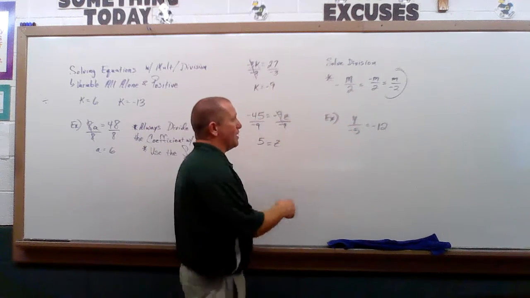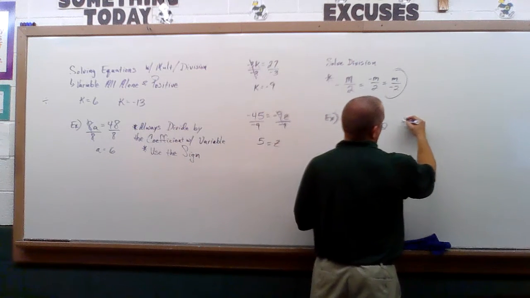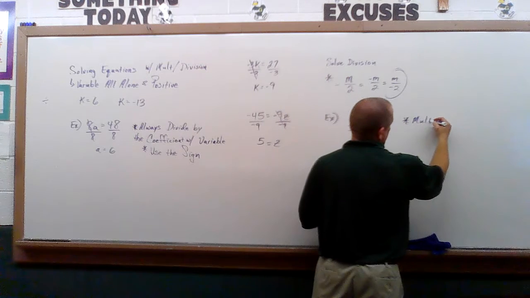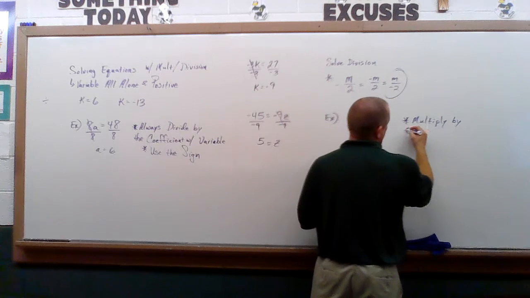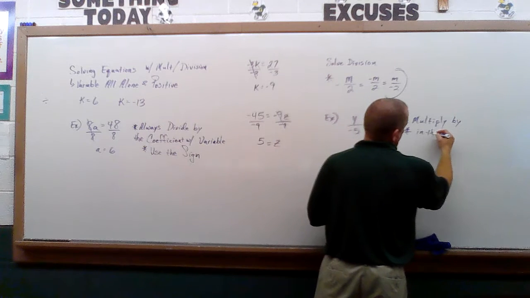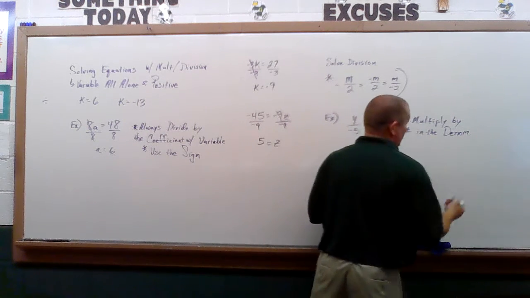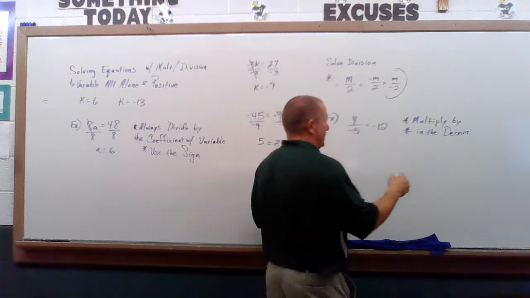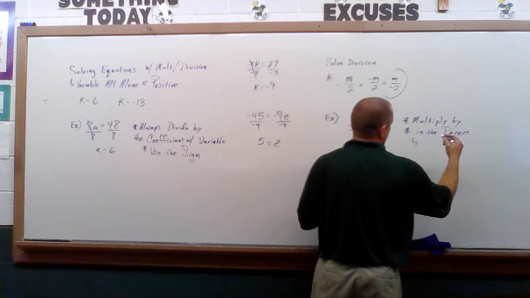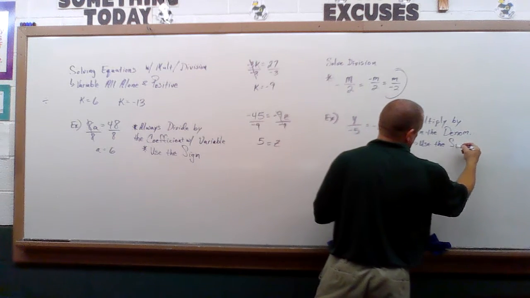So I'm going to now always, we're going to multiply by the number in the denominator. What's my denominator? The number on the bottom. And again, another star here. Use the sign.